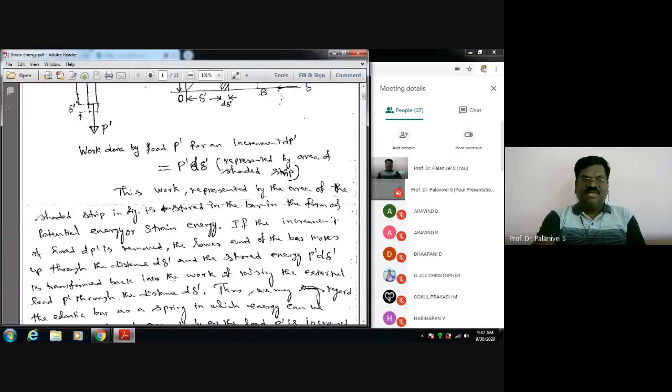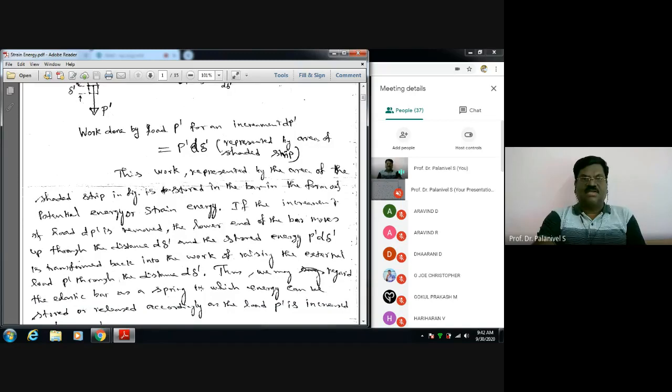If the increment of load dP dash is removed, the lower end of the bar moves up through the distance d del dash, and the stored energy P dash d del dash is transformed back into the work of raising the external load P dash through the distance d del dash. This explanatory manner is given for your understanding, right?